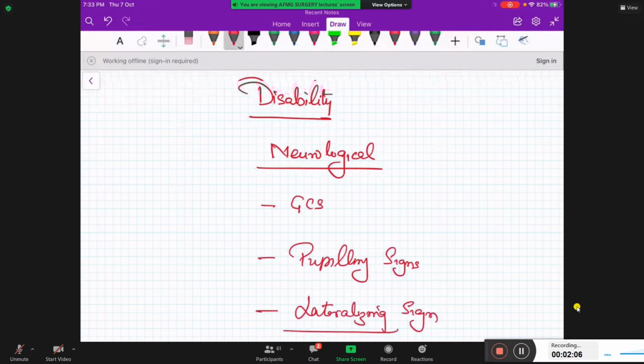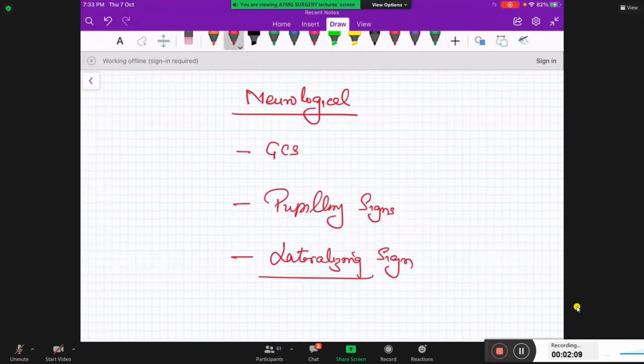Now, what is this lateralizing sign? What is the GCS? We will come to know when we talk about head injury, right? But at this point, we just need to know that in the D part of our primary survey, we have to see three things, that is GCS, pupillary signs, and lateralizing signs.